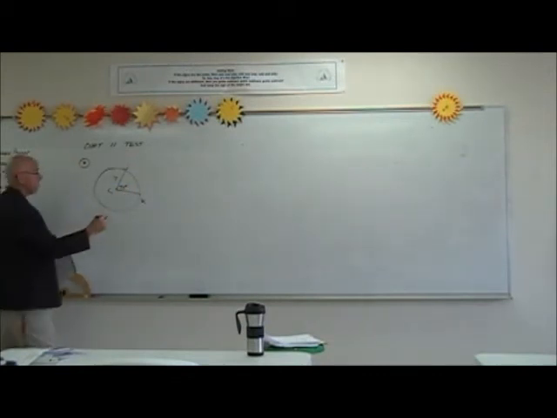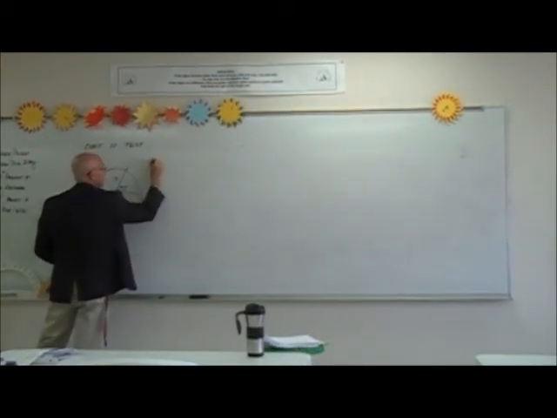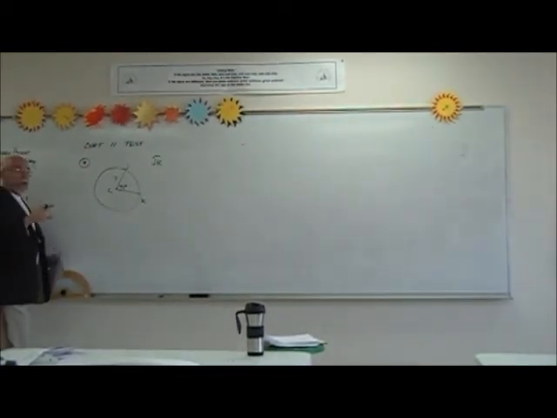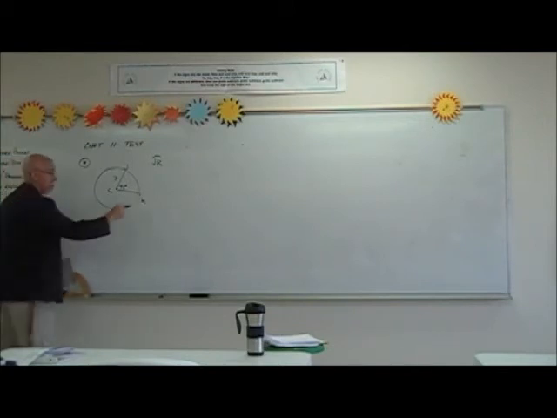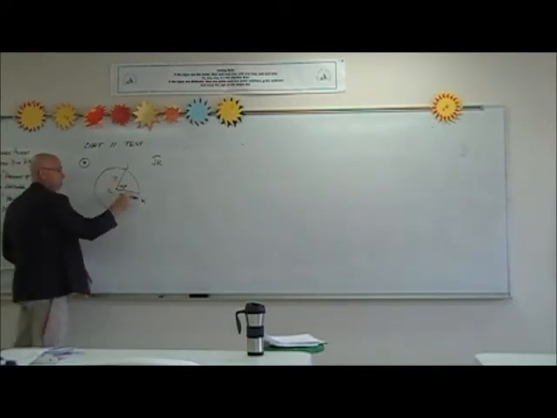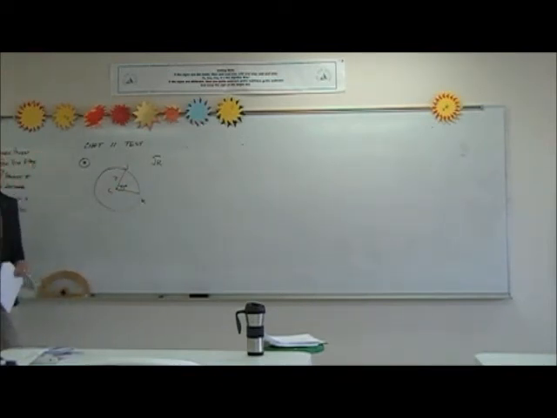We want to know what the length of JK is with this little symbol over the top, so you need to be able to read that as an arc, right? But by the way, I want to mention, are they talking about this length of arc? They're talking about the long trip or the short trip? The short trip.